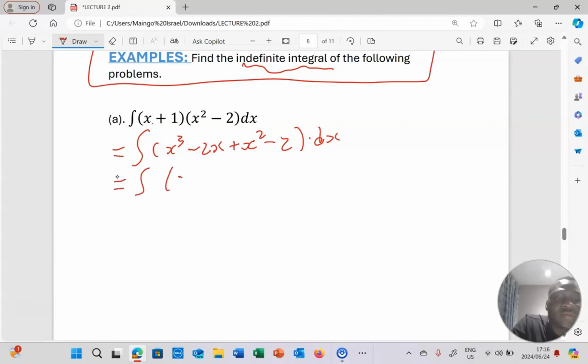When we add the like terms, we have the integral of x cubed plus x squared minus 2x minus 2 dx.